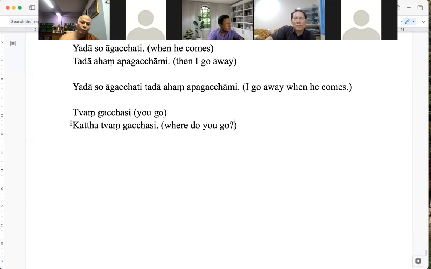So when we see this ka, okay, ka or ku or something, we need to know that this one is an interrogative pronoun or interrogative adverb. It is used for the question, so when we translate into other languages, that sentence should be in question form. In Pali, it is just put at the beginning of a word.